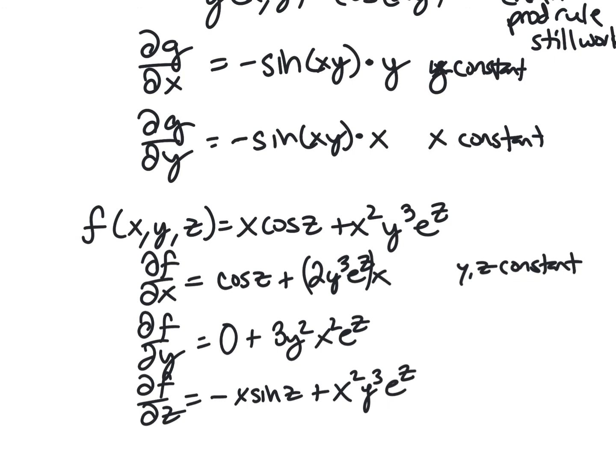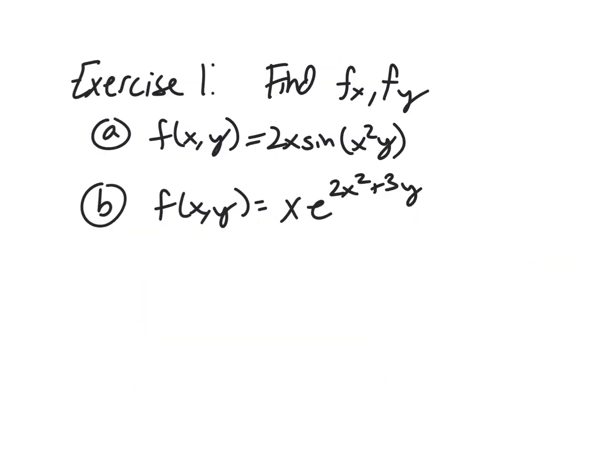So that doesn't really change, okay? All right, and so for your first exercise, I just want you to find both partials for these 2 functions, and so neither of these are quite symmetric, so they're at least a little bit interesting.